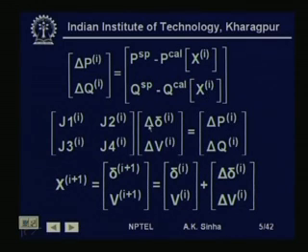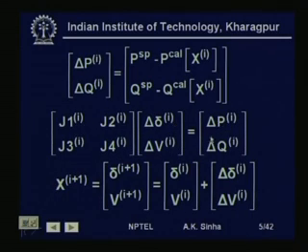The state variables delta delta and delta V are solved using this relationship, where J1, J2, J3, J4 are the submatrices of the Jacobian matrix. J1 is the del P by del delta terms, J2 is del P by del V terms, J3 is del Q by del delta terms, and J4 is del Q by del V terms.